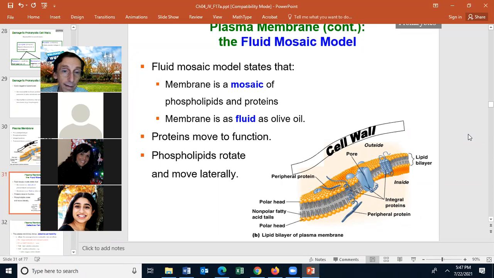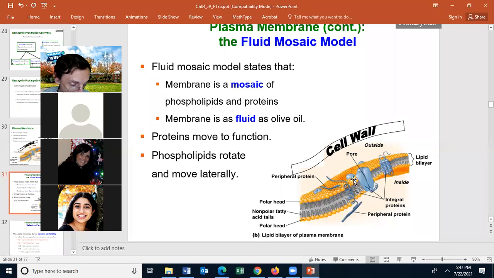The proteins and the phospholipids can move around in the fluid membrane. The phospholipids can obviously spin this way, but this one can move over here and then move over there. And the proteins can also move.